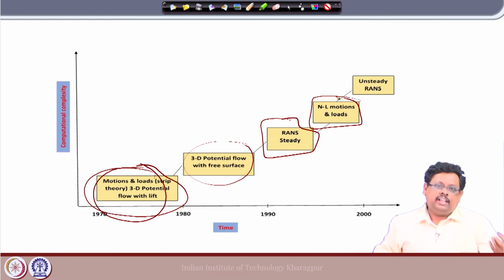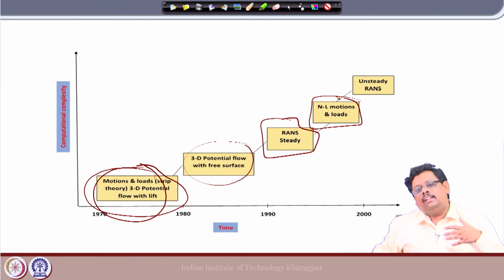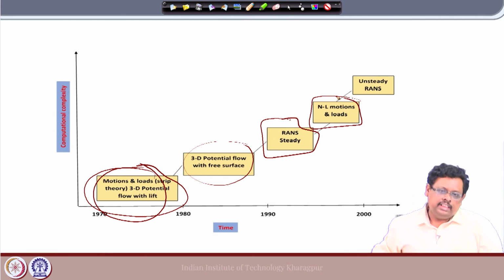So, what kind of nonlinearity do we introduce? We introduce wave nonlinearity, where we consider that the wave is not harmonic. The wave is a nonlinear wave, and a lot of theories are available to approximate it. You can approximate complete nonlinearity, second-order nonlinearity, fifth-order nonlinearity waves, so many things have started.